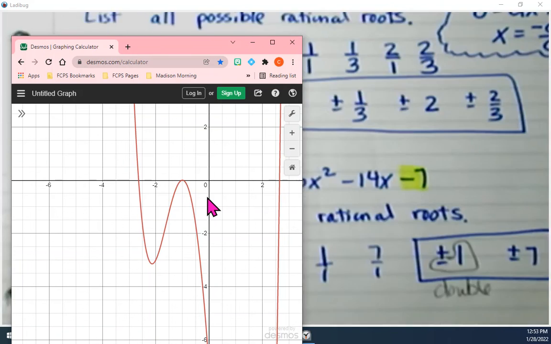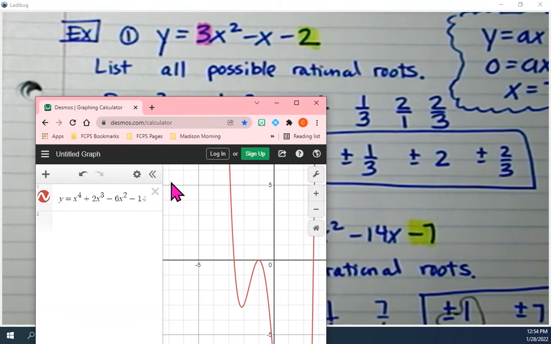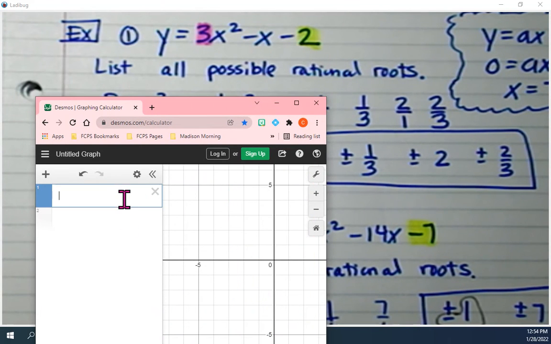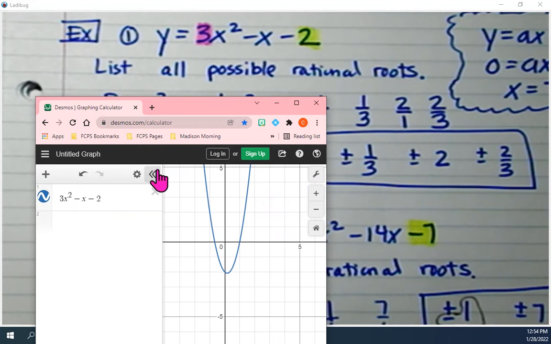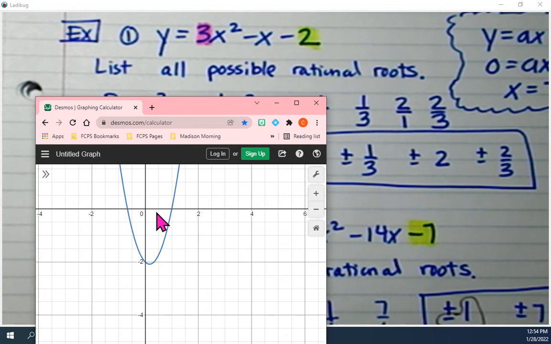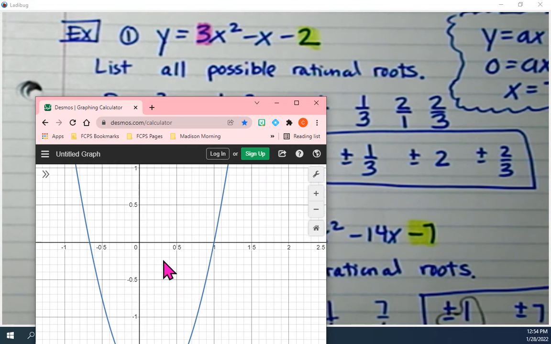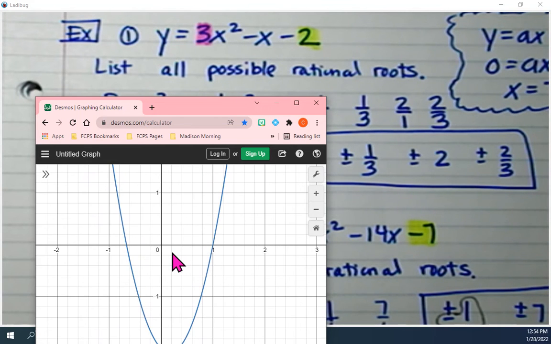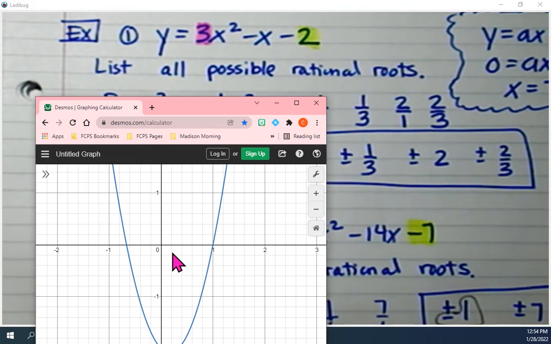Now, I'm going to scooch up, and I'm going to graph this other one just so that you can see it. Okay, so we get 3x squared minus x minus 2. I'm going to zoom in just a little bit here. Based on this picture, which solutions do we think are working? Okay, so I see +1.